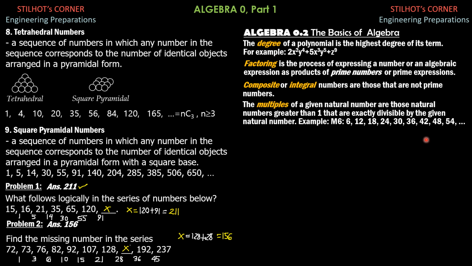The greatest common divisor, or GCD, is the largest natural number that is a common factor of all the given numbers. So that's the definition.